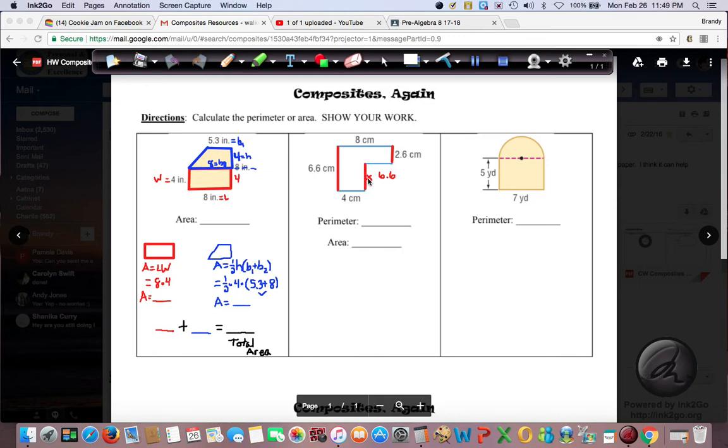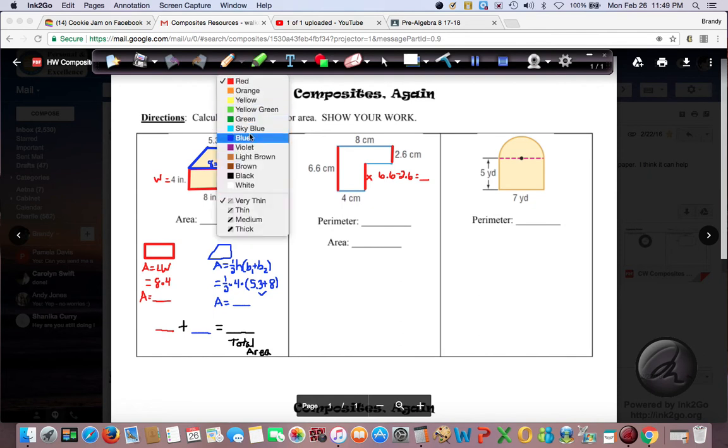So see how they're all red and they're all vertical pieces. So we're going to take it and subtract to figure out what's left over to find our x.